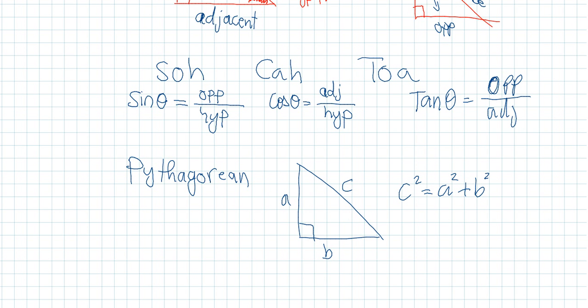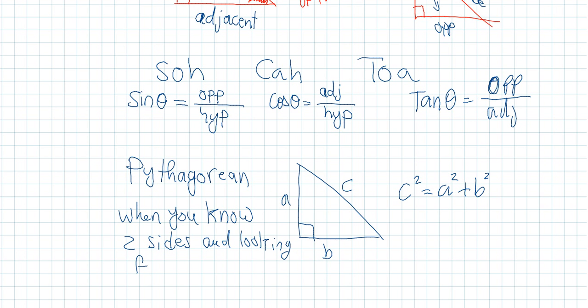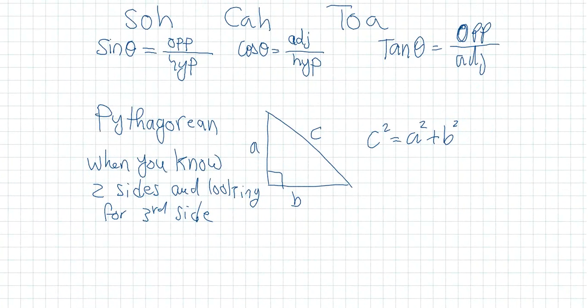So this is used when you know two sides and you're looking for the third side. Okay? So let's say I know this. Let's say I know this. What am I looking for?